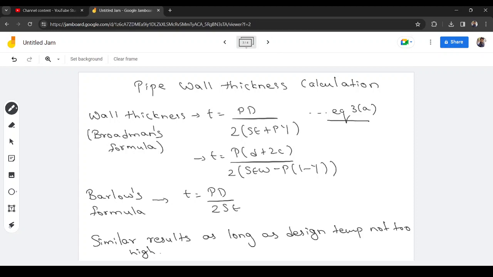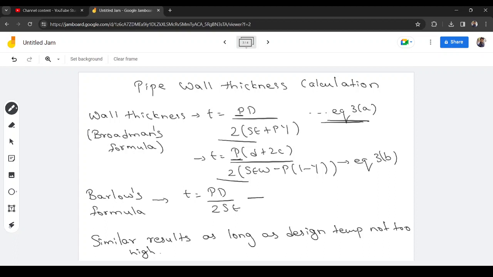This formula is known as equation 3a, whereas this formula is known as equation 3b. Okay, we'll talk about it later on when we go inside of the code, and we'll do a deep dive into this. But this is how thickness requirement is carried out if the pressure is given. Again, consequently, if you know the thickness, you can also find the pressure that can be sustained by that thickness.